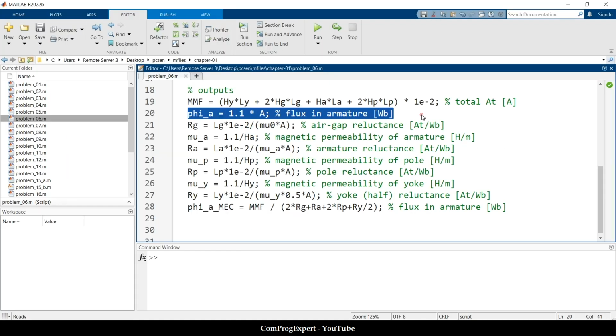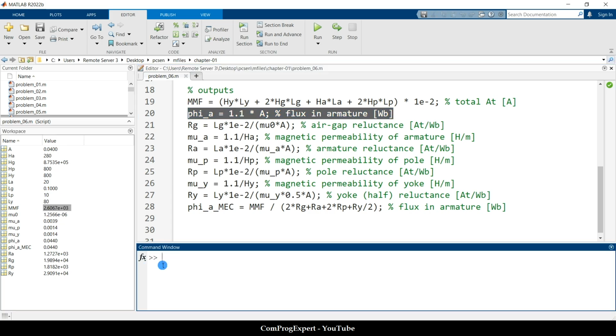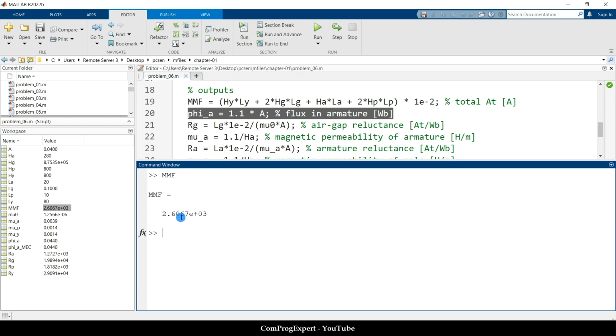This one. So if I run the code, here you can see the numbers. This is the total magnetomotive force, MMF. That is around 2,600 ampere turn per meter.